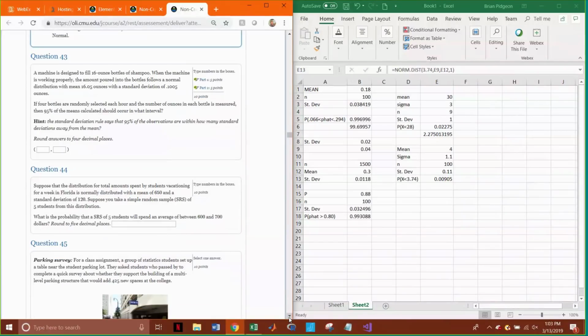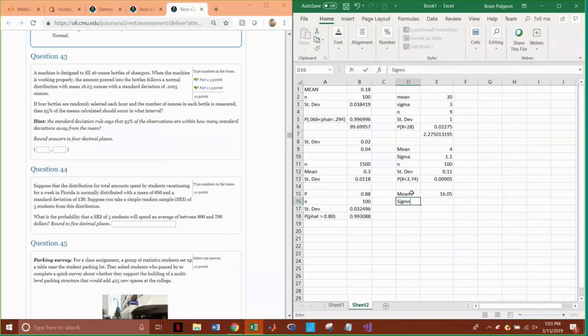43. A machine is designed to fill 16-ounce bottles of shampoo. When the machine is working, it dispenses 16.05 ounces with a standard deviation sigma of 0.1005. If 4 bottles are randomly selected, then 95% of the means calculated should occur in what interval?